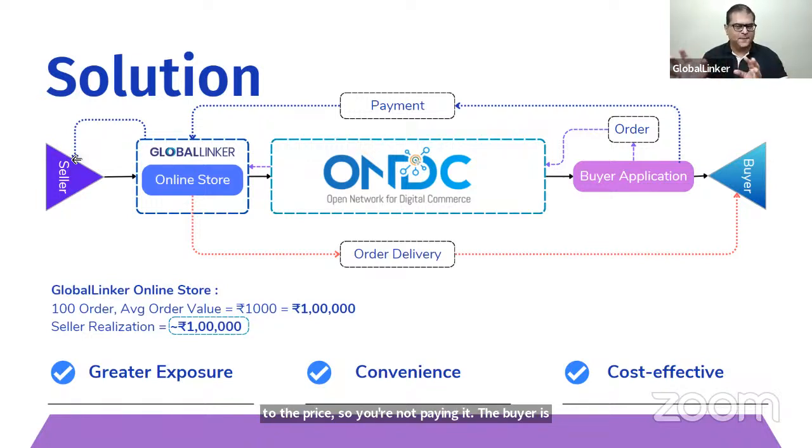Essentially, the product price minus whatever taxes are there, you'll get that when the order is placed on ONDC. That's the biggest advantage: as a seller, you're not shelling out significantly to gain that visibility. And obviously, you're gaining visibility in front of thousands of customers very easily. That is the power, or the benefit, of ONDC.